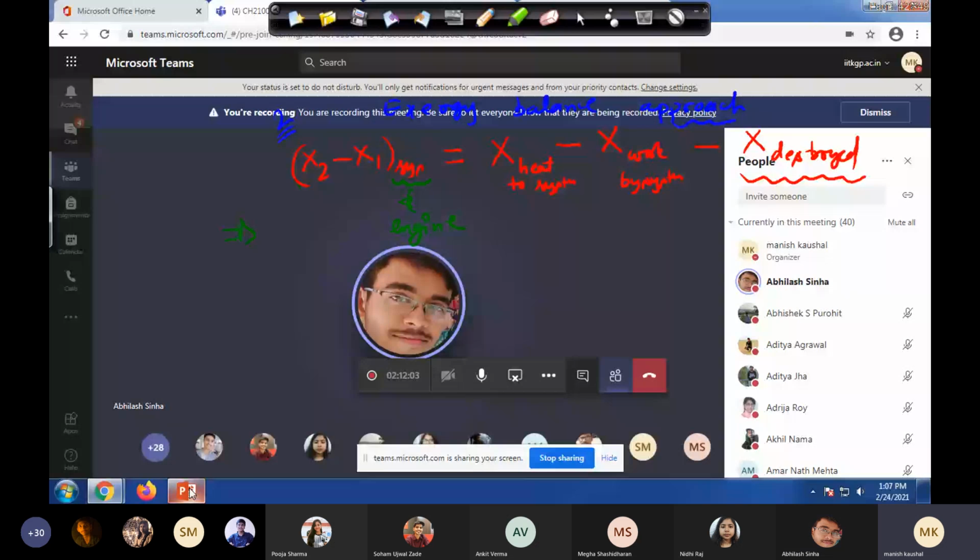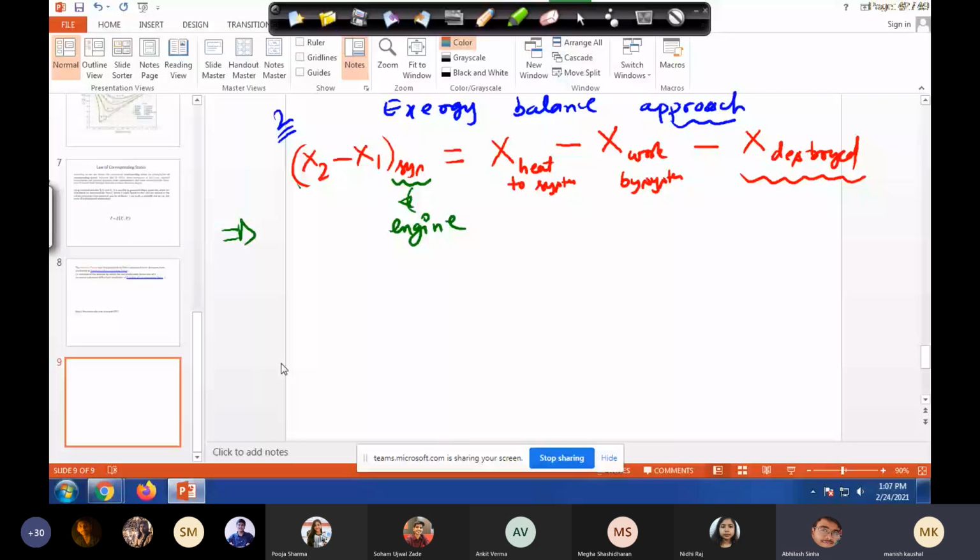Engine is a cyclic device. Yes, sir, 0. Okay, the system is the engine. That's why I smartly chose the engine as my system. It's a cyclic device, so there is no point of confusion. This is 0 because the engine is working in a cyclic manner. So this is 0 for a cyclic device and is equal to X heat to system.